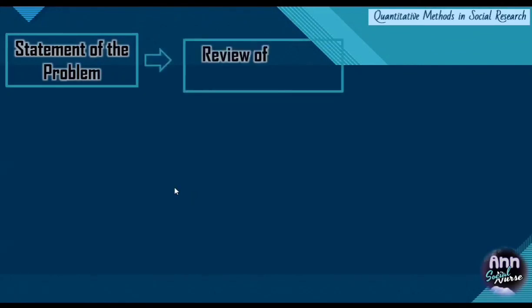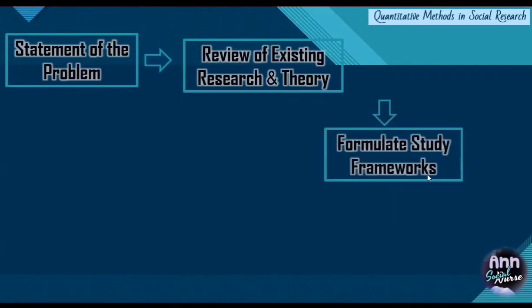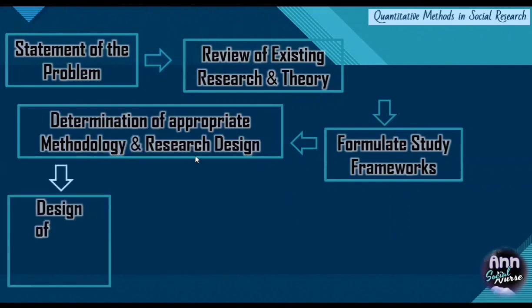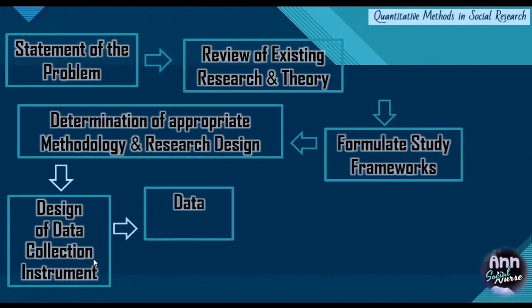Now, in summary, as a research process you're going to have a statement of the problem. You proceed to the review of existing research and theory. You proceed to formulate study frameworks, determine the appropriate methodology and research design, how you're going to conduct the study, and the design of the data collection instrument, whether it is a questionnaire, an interview schedule, or just a guide, because anyway you are doing qualitative.